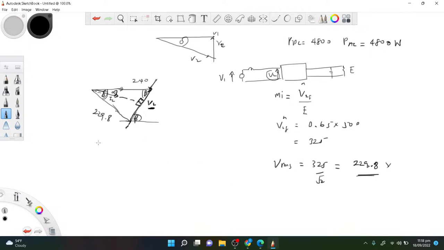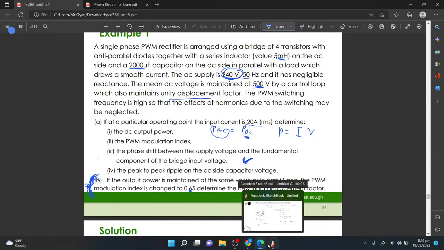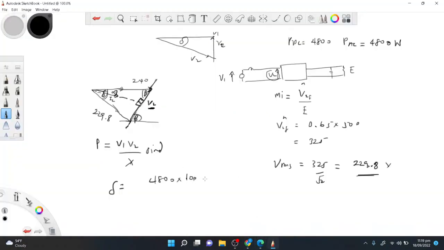So let's find delta. We know that the power produced between AC sources is given by V1 V2 over X times sine delta. So sine delta is P, since the power remains constant, times X, where X is 2 pi FL, that is 100 pi times 5 milli, over V1, which is 240, times V2, which is 229.8.